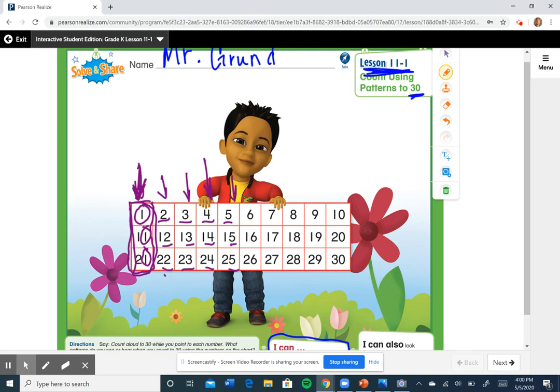This one had 2s, 3s, 4s, 5s, 6s, 7s, 8s, 9s, and 10s. Or the last one was 0s. So all the numbers that are the same is the 1s places. So if we counted by 10, we would say 10, 20, 30.